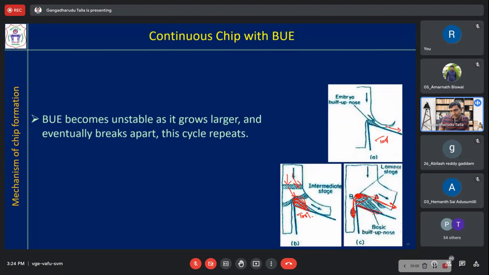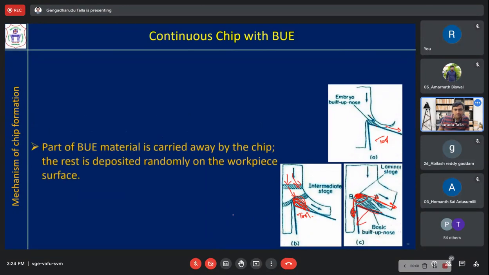It will break apart and fall down. So this is the concept of built-up edge. A part of built-up edge material is carried away by the chip. The rest is deposited randomly on the workpiece surface. Some portion is on the workpiece surface and some will fall.